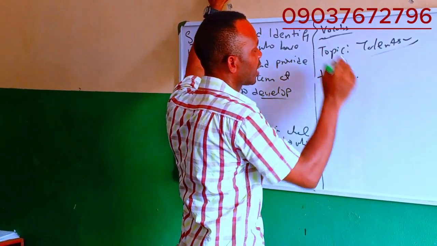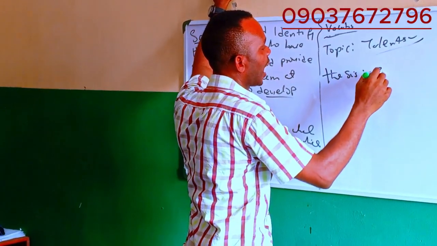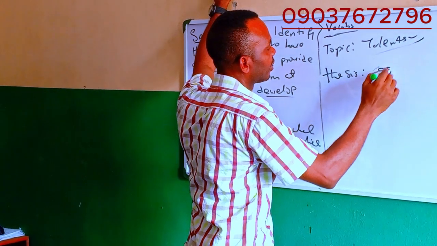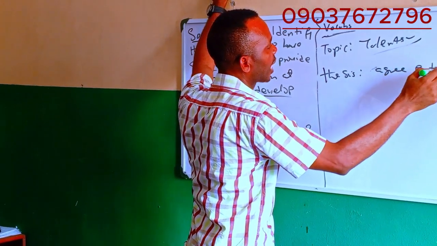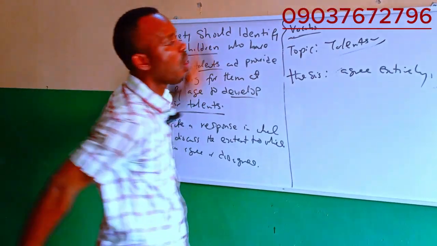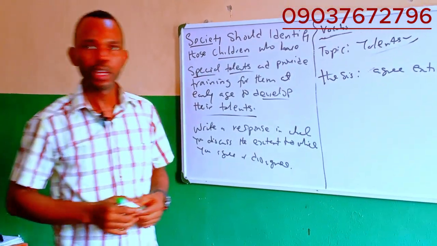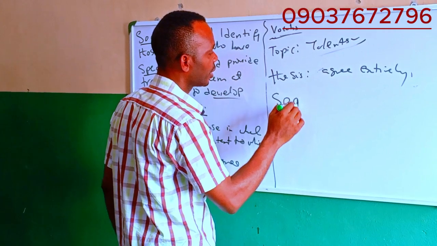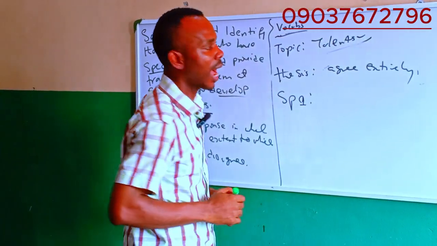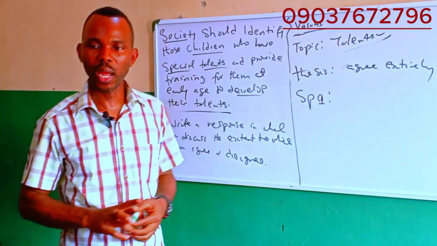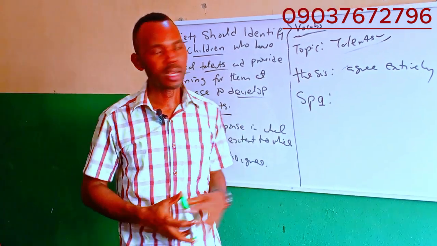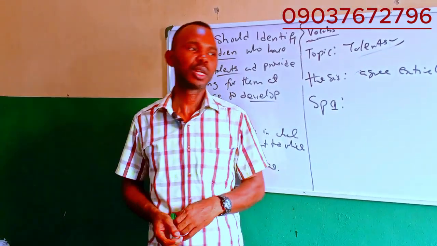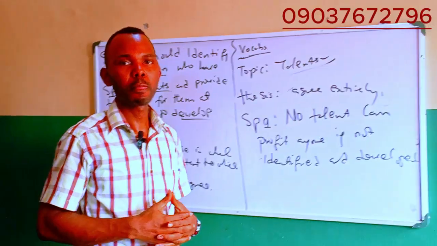I don't know what you tend to do. I may agree entirely. That means I agree 100%. So the next thing I need to give is my supporting reason 1, why I agree, supporting reason 2, why I agree. So these are the last elements I need to bring out before I begin writing.